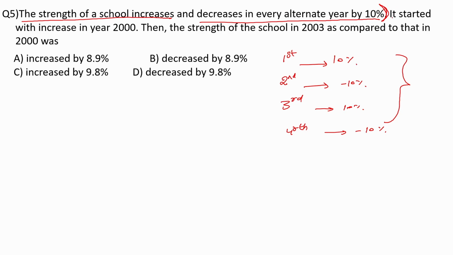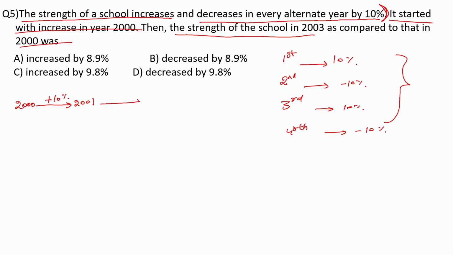Let's look at the next part of the question. It started with an increase in the year 2000. Then the strength of the school in 2003 as compared to that of 2000 was. So it is given that it started with an increase in the year 2000. So from 2000 to 2001, the strength increases by 10%.